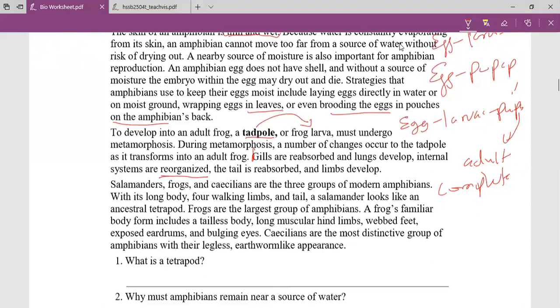But an organism that uses lungs to breathe needs to develop the trachea, the windpipe, the lungs, and all those things. So there need to be some changes in the internal organs. If you want to describe it, you say the gills are reabsorbed, the lungs develop, and internal systems are reorganized too. The tail is reabsorbed, and the limbs develop. All of these things need to be mentioned.